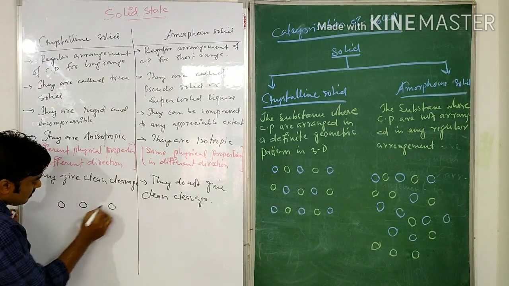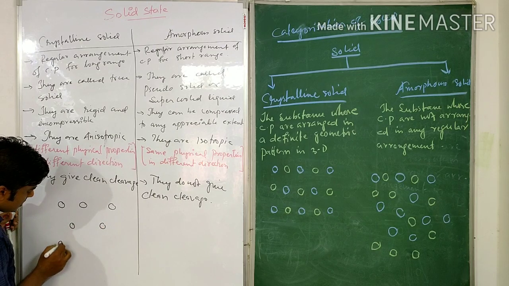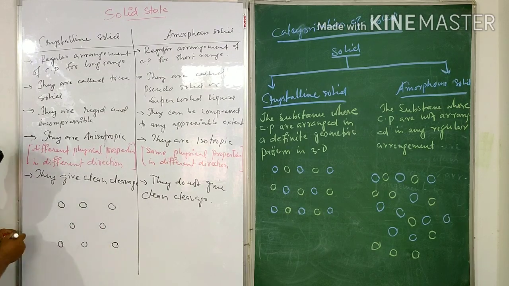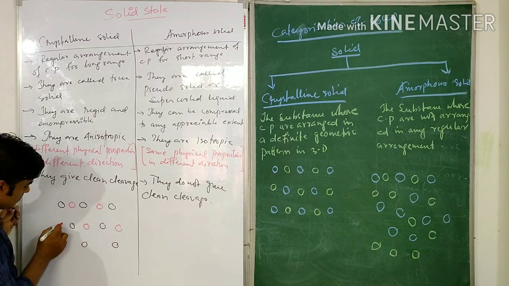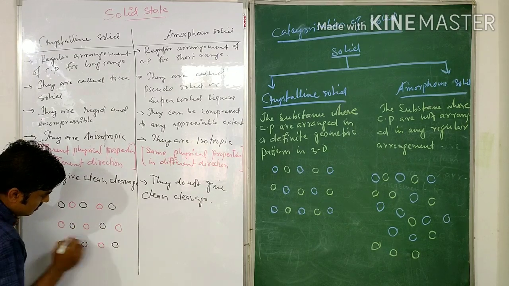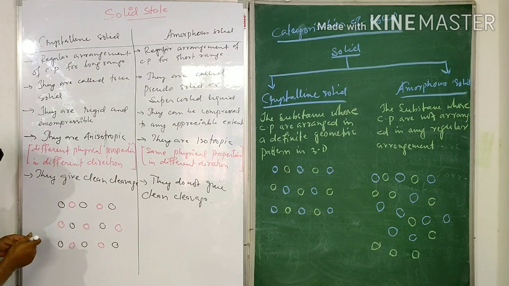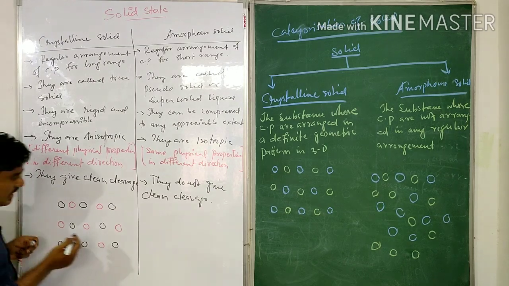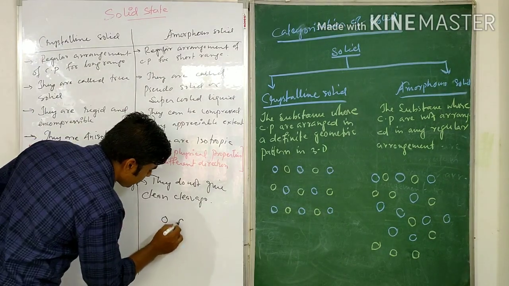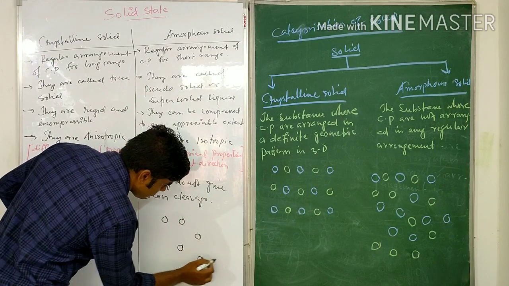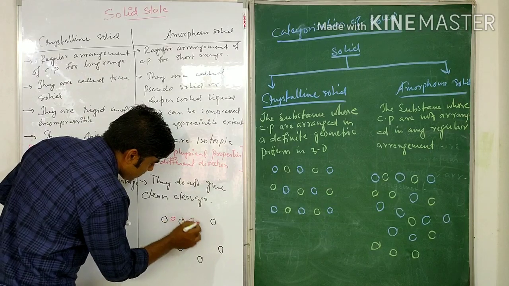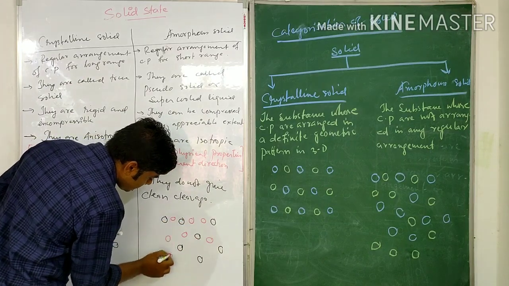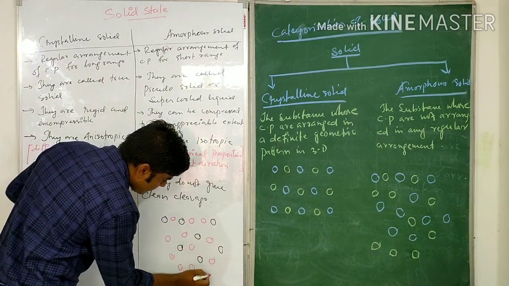These are our crystalline solids. I have drawn here crystalline solids, but don't take this crystal. And here I have drawn the amorphous solids. Since in amorphous solids there is no pattern, the atoms randomly exist over here.